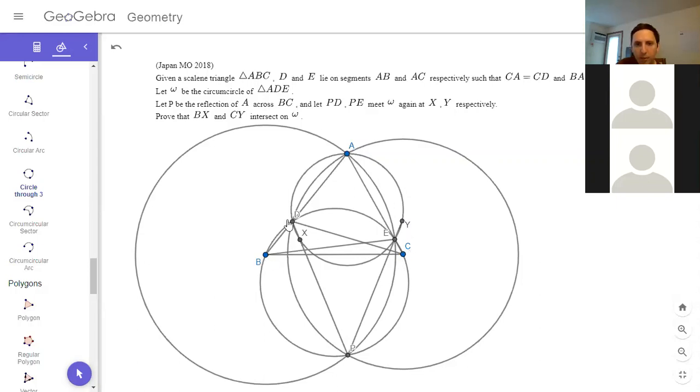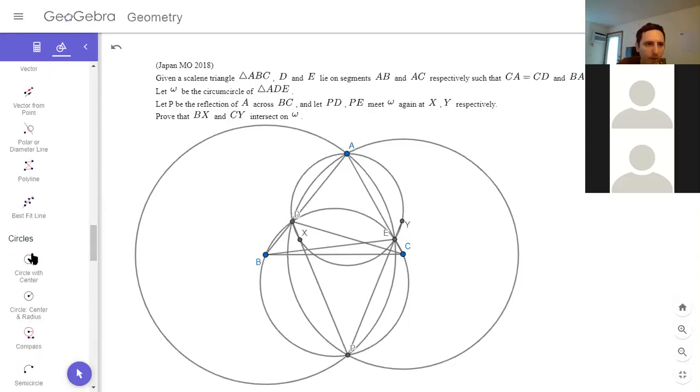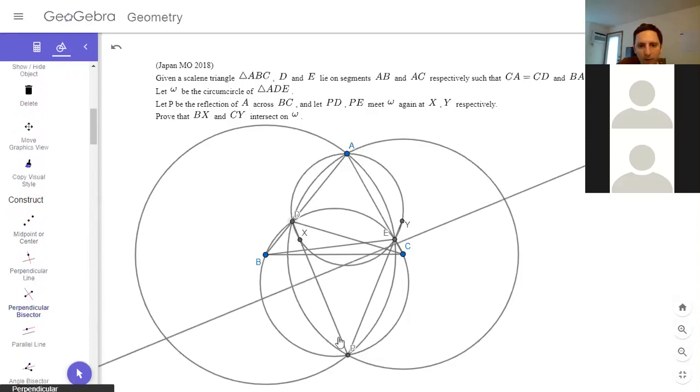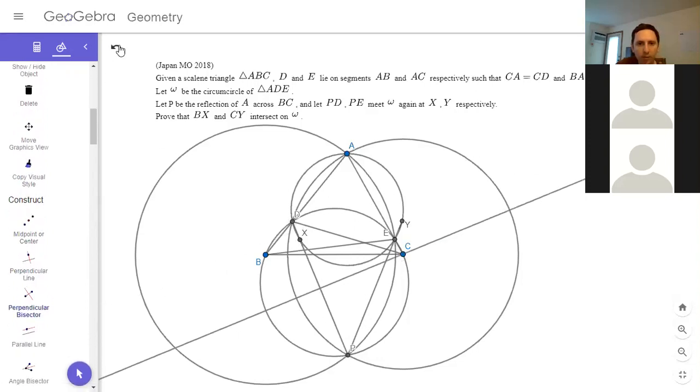Is C the midpoint of arc DP? I think so. So is it obvious that C is the midpoint of arc DBP or arc DEP?